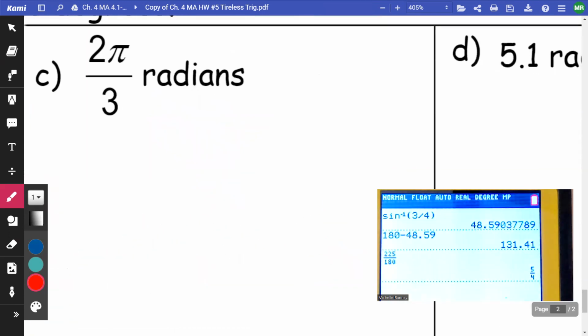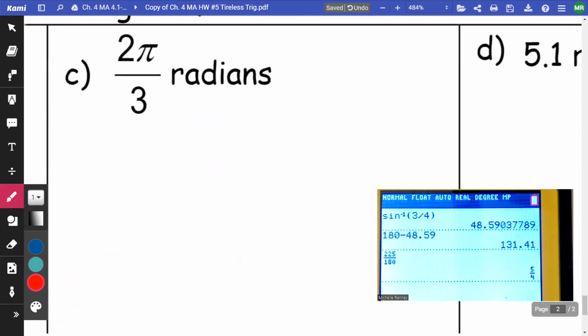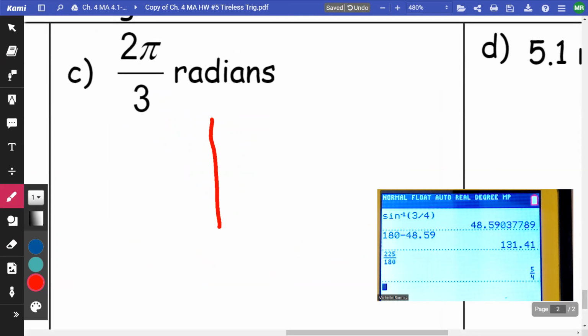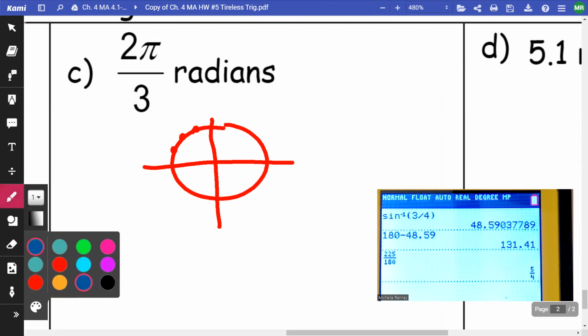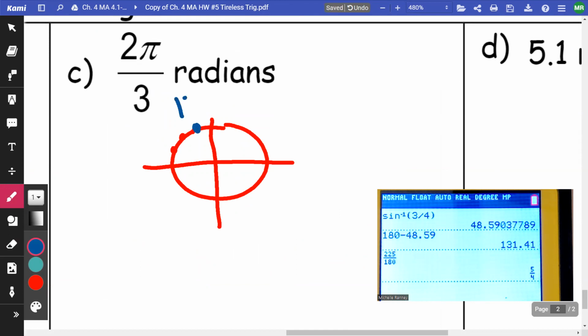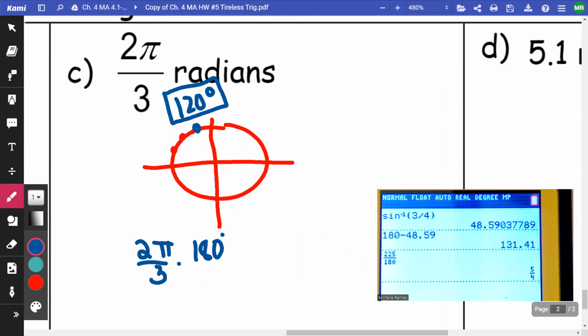C. So on C, 2 pi thirds. So again, that's on the unit circle. 2 pi thirds is going to be right here. And that is going to be 120 degrees. But again, you could also have taken 2 pi thirds and times it by, this time, 180 degrees over pi.